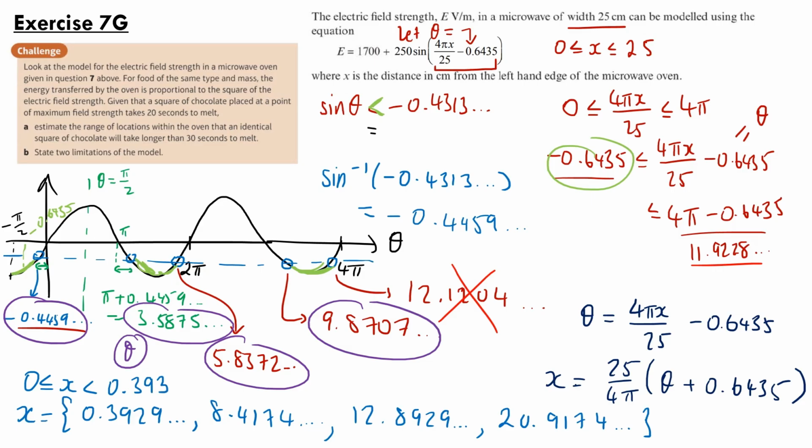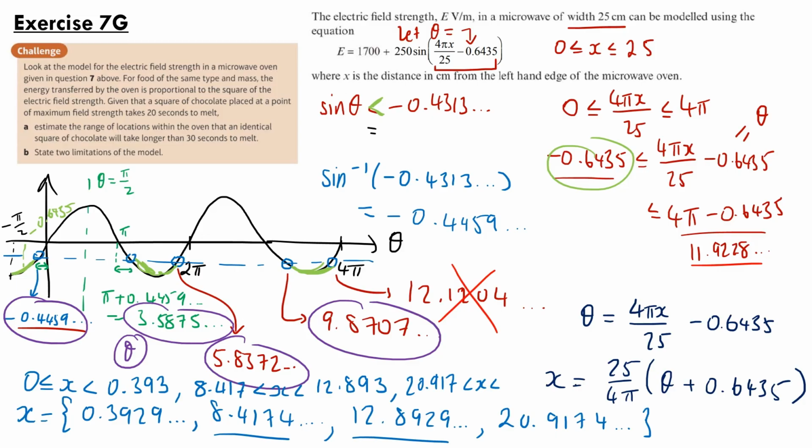Then the next section over here, the next one along, is going to be from the second solution to the third. So between 8.417 and 12.893, again to 3 decimal places. And then finally, we've got from the last solution, so 20.917, all the way to the end.